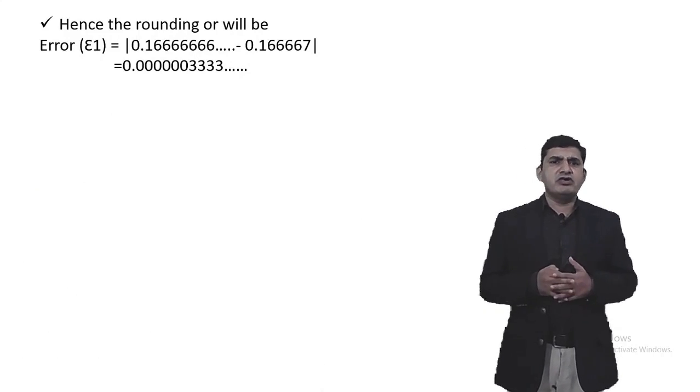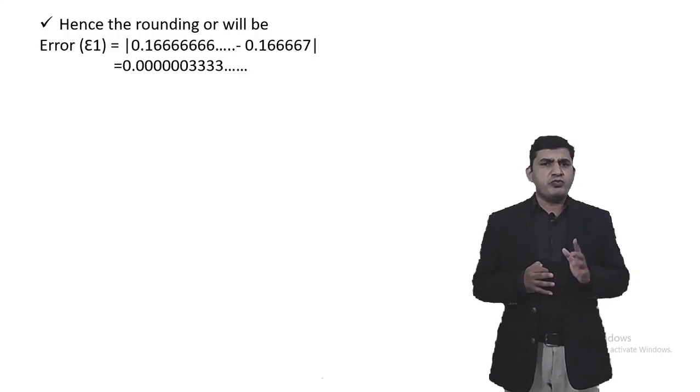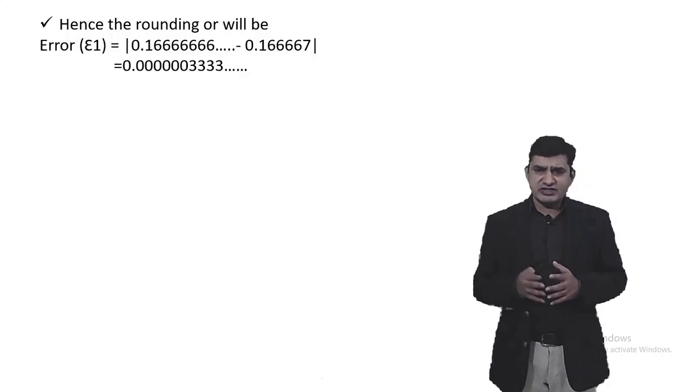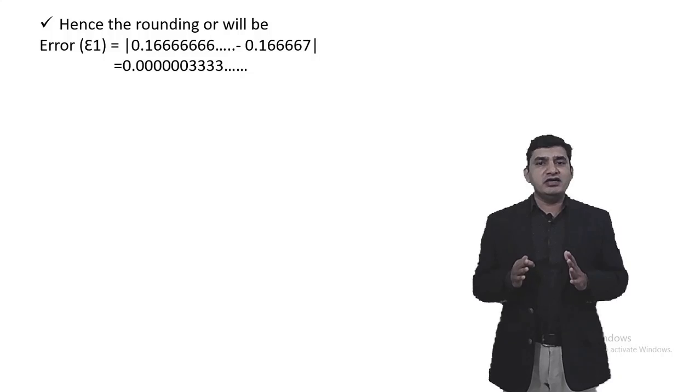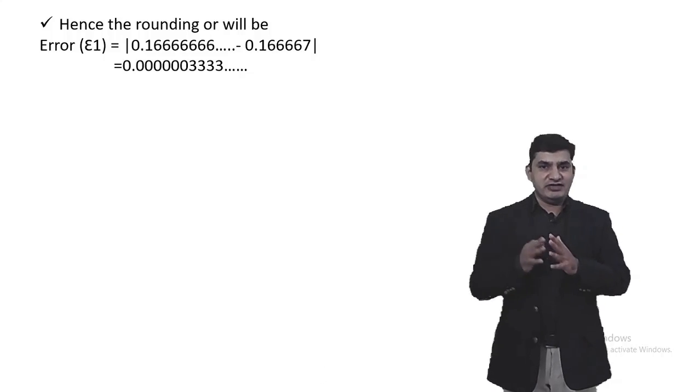Hence the rounding error, that is sigma 1, is equal to 0.166666 and so on, minus 0.1667.